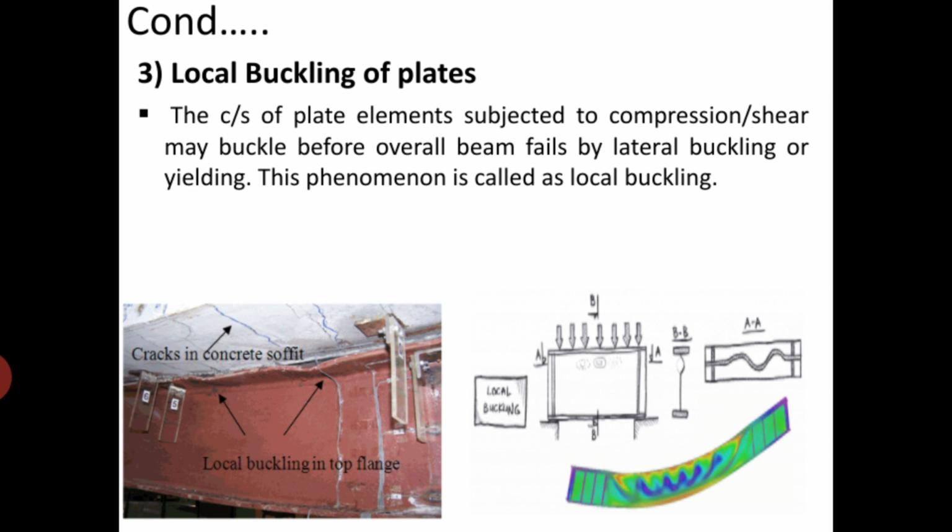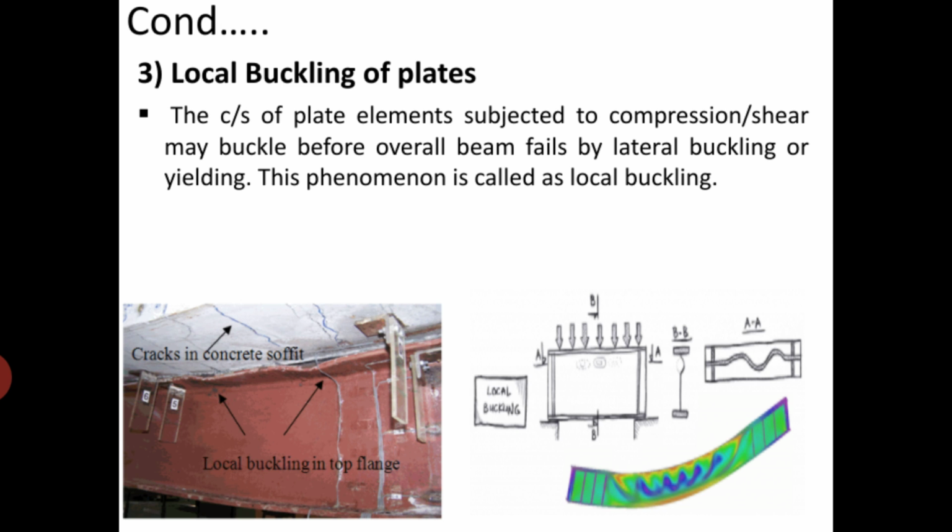What happens is the cross section of the plate elements is subjected to compression or shear. As I said in the earlier lecture, the flanges are provided to take care of the moments, and the web will take care of the shear.